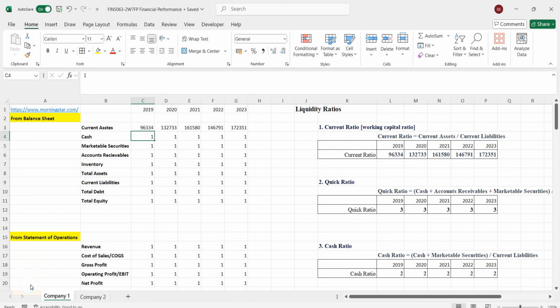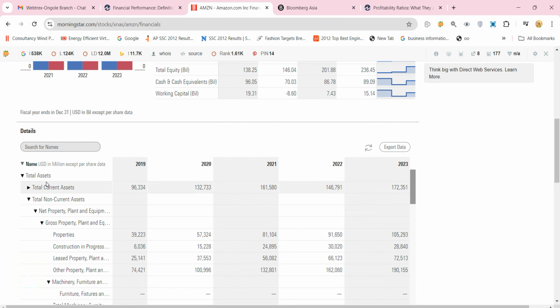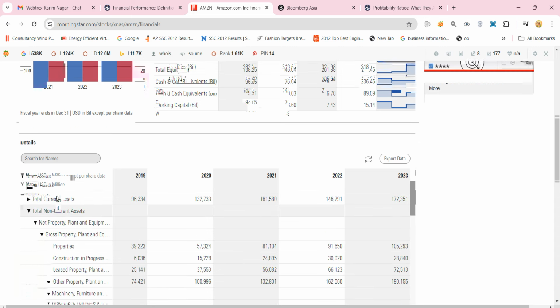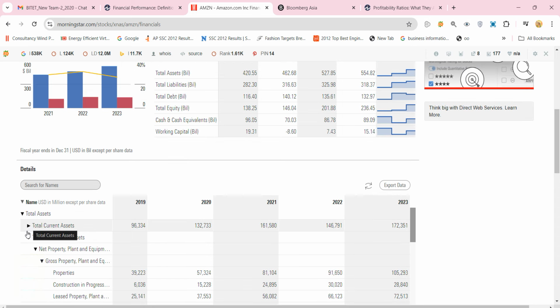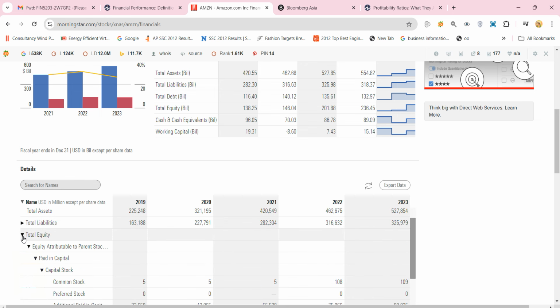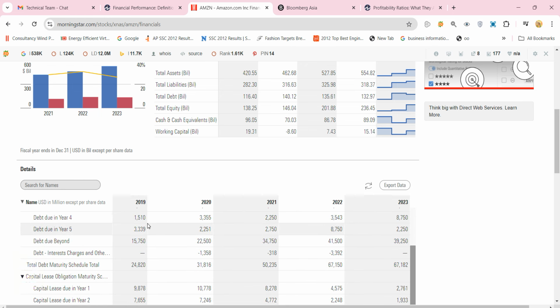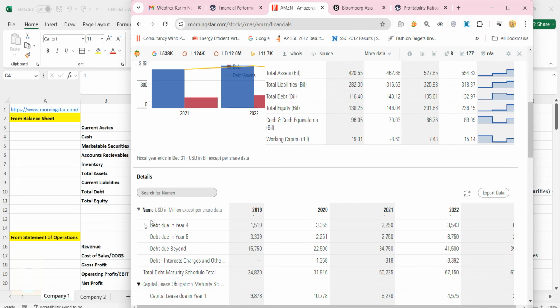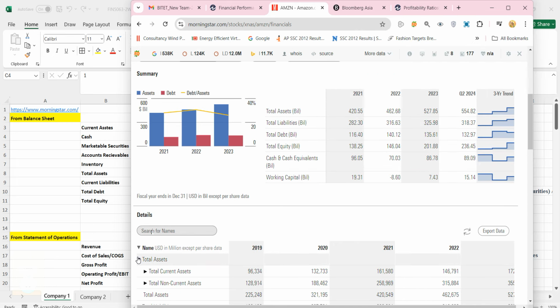Next, let's check for cash. Cash you can get from the balance sheet only. Under total assets, current and non-current assets, make sure these are all reduced. Where the arrow symbols are, just minimize them.